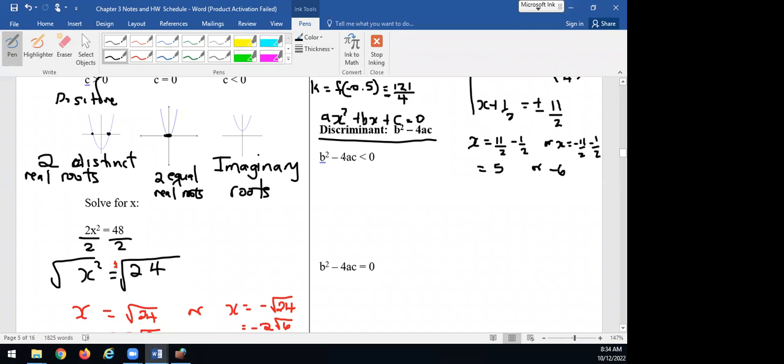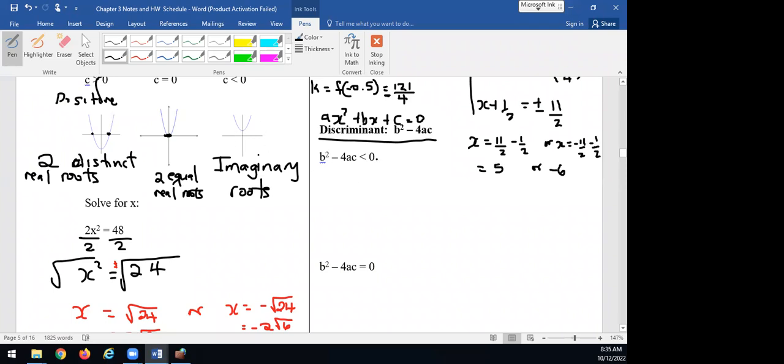Now, whenever your discriminant is less than 0, so when you find b squared minus 4ac, whenever this is less than 0, what do you think is going to happen? Very good, right. So this is the situation that you're going to have.